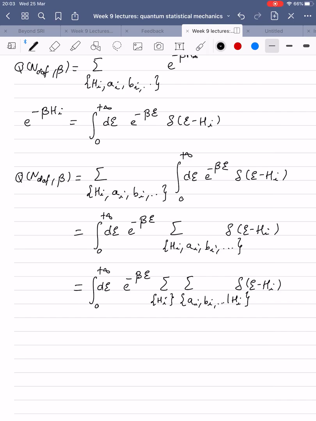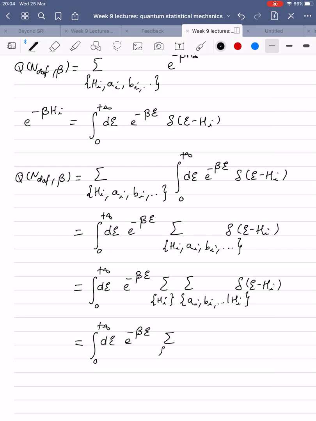And in fact, by the way, the delta here could be put over there. It does not really matter.